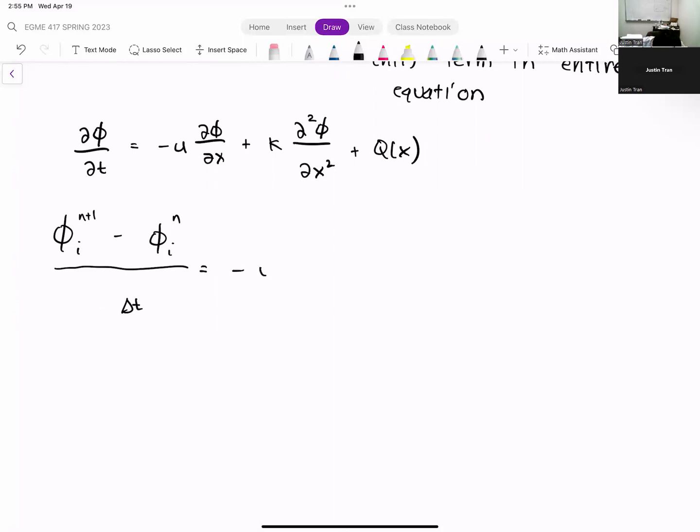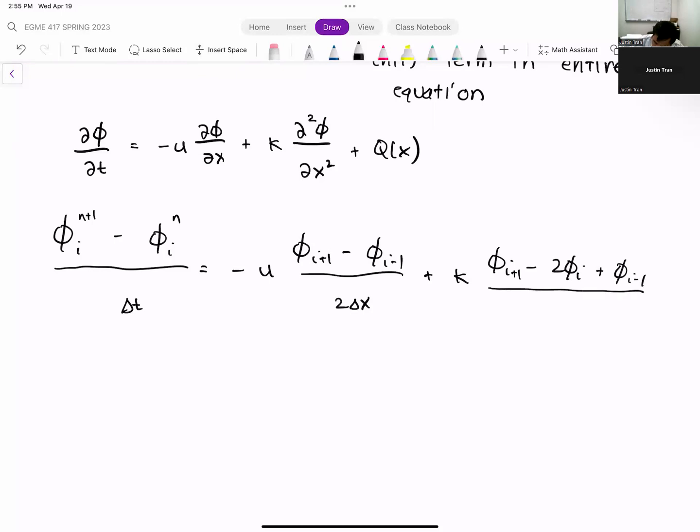This is equal to minus u times, and I'm just going to use a central difference for now, phi i plus 1 minus phi i minus 1 divided by 2 delta x, plus k times phi i plus 1 minus 2 phi i plus phi i minus 1 divided by delta x squared, plus q of x i.